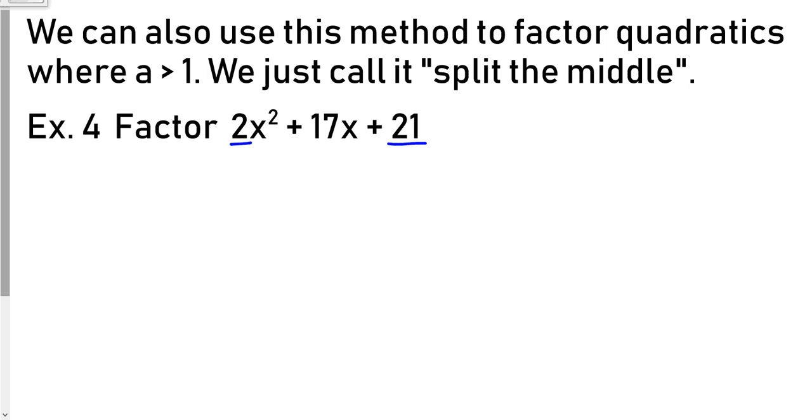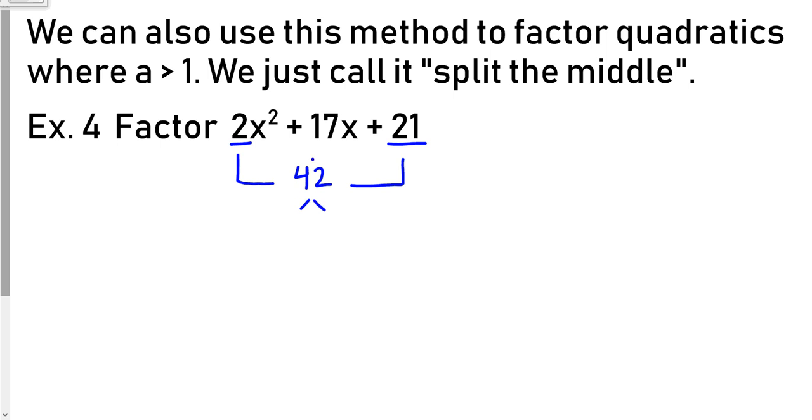But what we're going to do is this process called split the middle. Here's how that works. I'm going to take my value for a, which is 2, and my value for c, which is 21, and multiply those two together. 2 times 21 gives me 42. Now I need to think, what are all of the factors of 42?